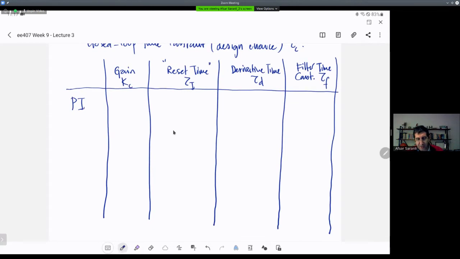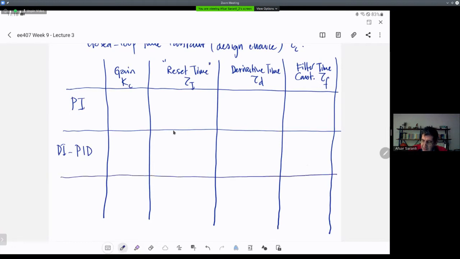I will also give you later formulas for the P controller, but for the time being, a PI controller, a dependent ideal PID, DI PID, a set of formulas for that, and also dependent ideal PID with CO filter, controller output filter.